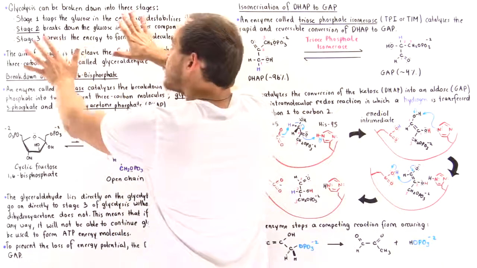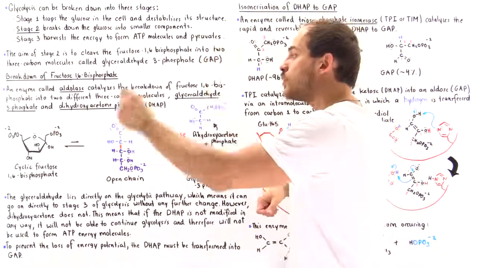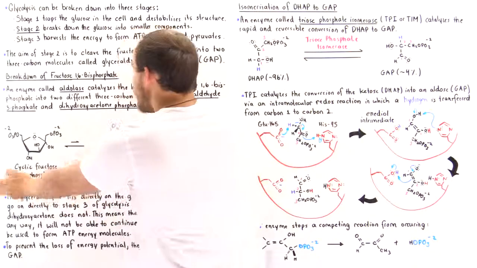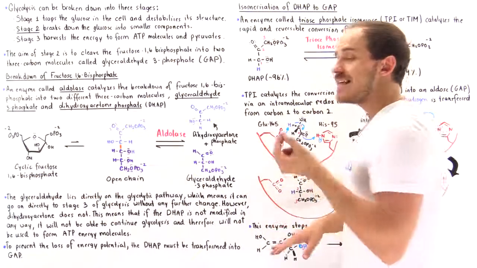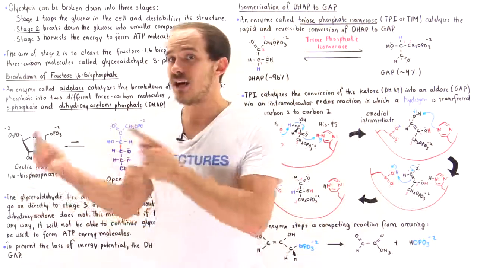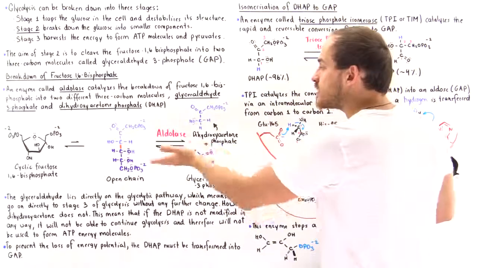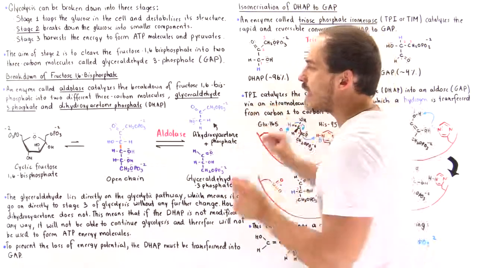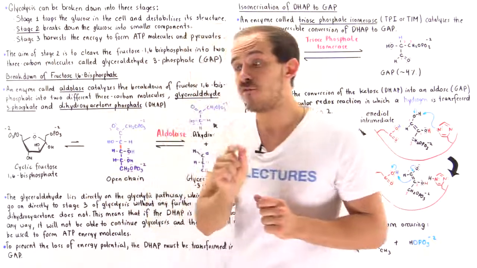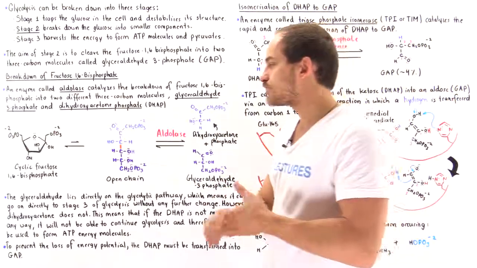Because if that glucose was not transformed into fructose, and it's the fructose 1,6-bisphosphate that moved on to stage 2, then once this reaction took place, in that case, we would have formed 1 molecule with 2 carbons and the other molecule with 4 carbons. And so to have this symmetry in which the 2 products have the same number of carbons, that's why in stage 1 we have to transform that glucose into its isomer fructose.